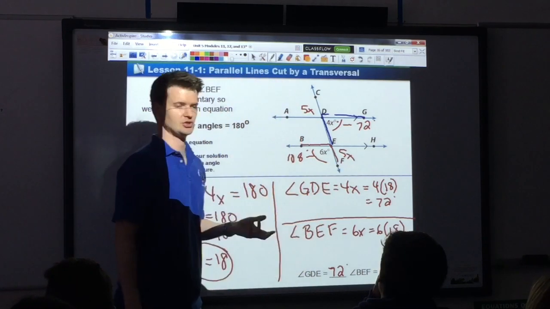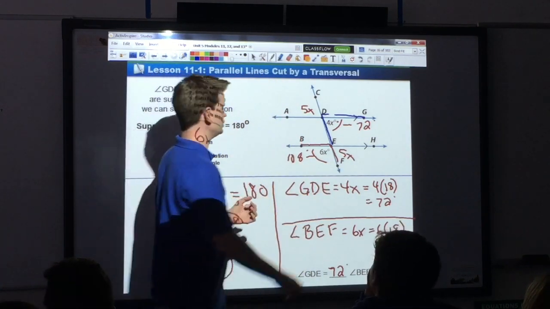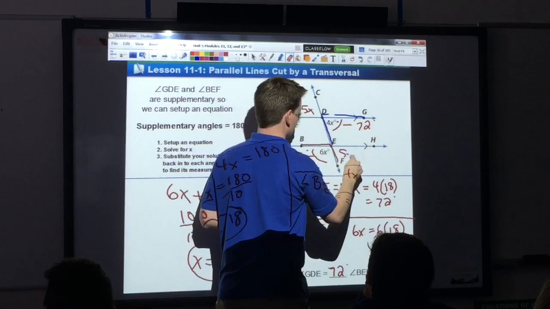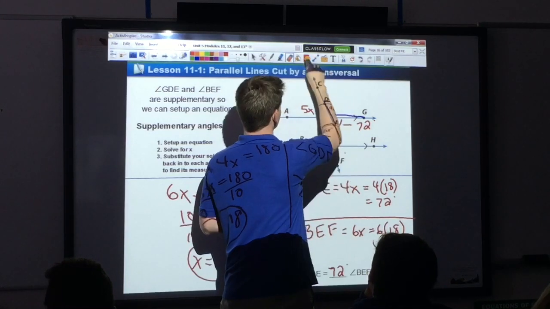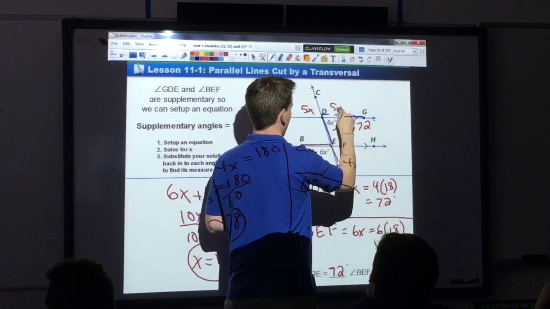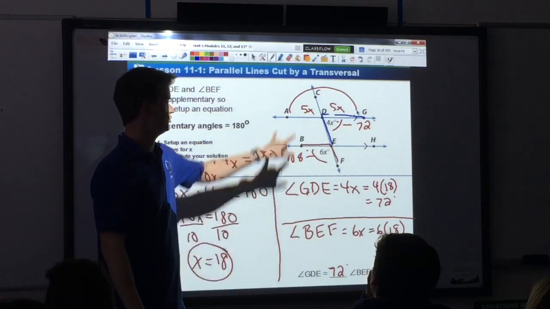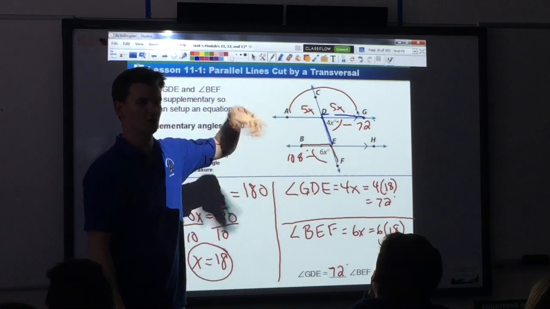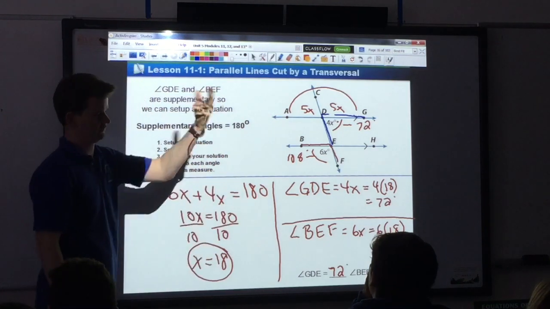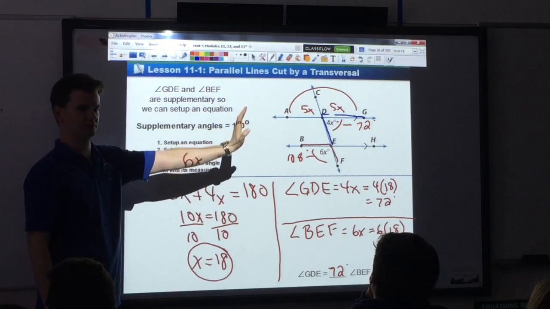They're not supplementary, so you don't know what they are. But the problems that you would solve would have something like this: 5x, and this is 5x. Together, you know that these would have to equal 180. You could do 5x plus 5x equals 180 and solve it out from there, right? There you go. Any questions on this one?